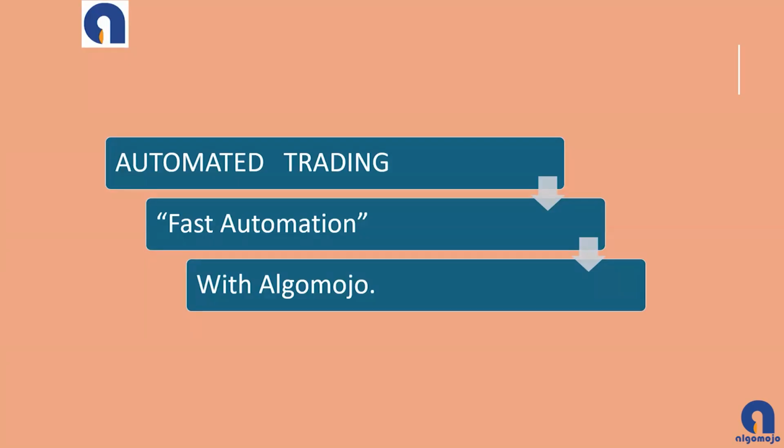Algomojo is a platform which is built to simplify this process of order placement. Whenever there's a signal to buy or sell in equities or options, whatever you're trying to trade, we would pick up that signal from your chart and place orders automatically into your broking account without any delay.